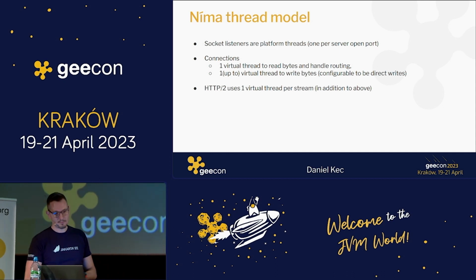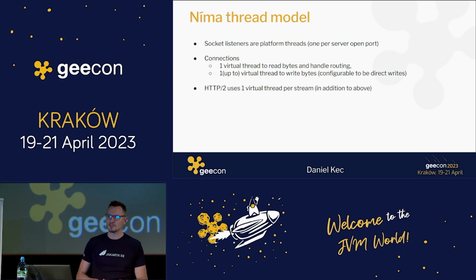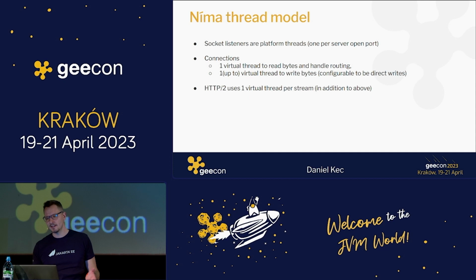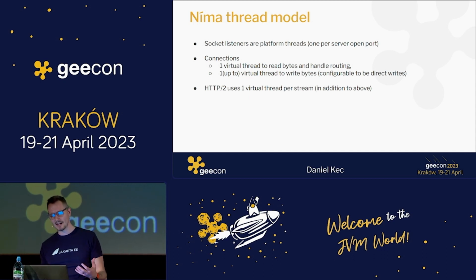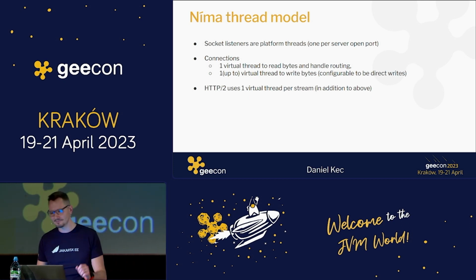What do we have as a thread model? There's a nice thing about Nima, because it's a thread per request model. So the server is actually really small. It's really simple. By removing the reactive web server from Helidon, we are getting rid of so much stuff that is a potential bug hidden somewhere, right?